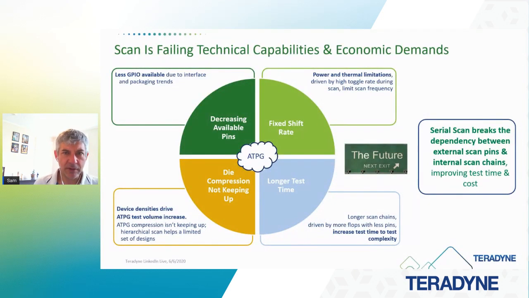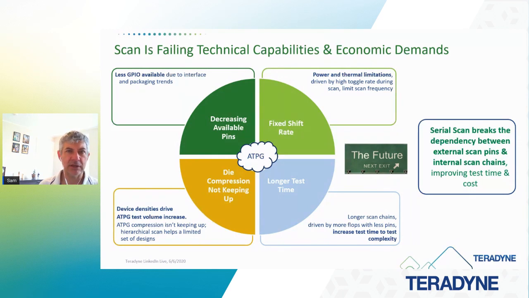So to really frame the discussion, I think it's important to start here. Most commonly, the first slide you'll see is a chart that shows how the scan data volume or test time, number of flops per device, is going up and to the right.